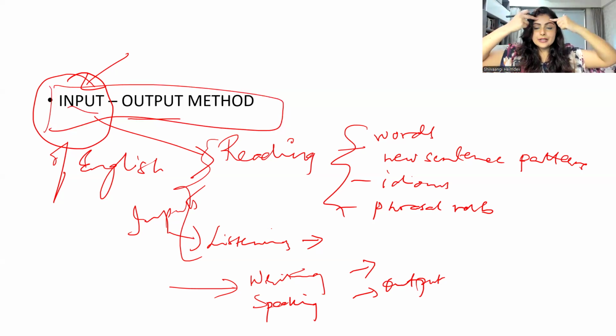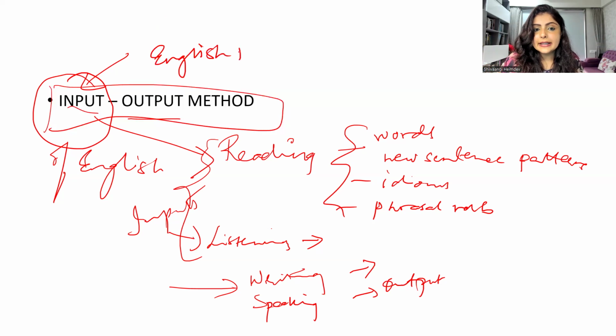And what happens in between? The time frame between the input and the output is the time frame where you are feeding your brain and making your English brain ready.